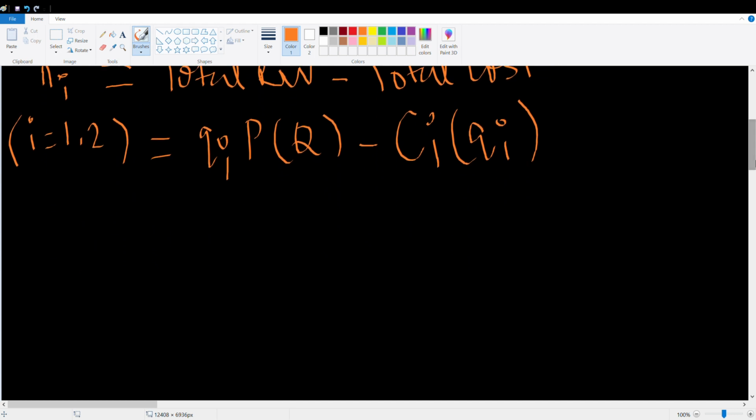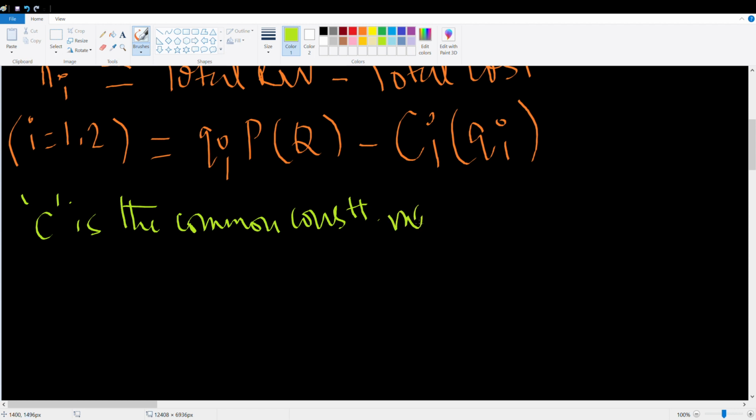Okay, now in the notes we had assumed that small c is the common constant marginal cost. So this is the cost that is faced by firm 1, this is the cost that is faced by firm 2, and it's a constant marginal cost. And if it's a constant marginal cost, it means that it's a constant average cost too, right?